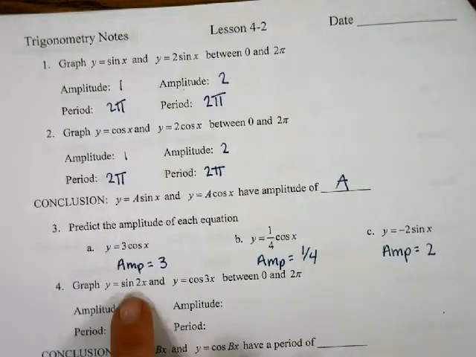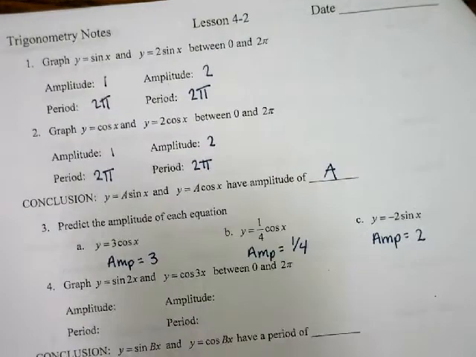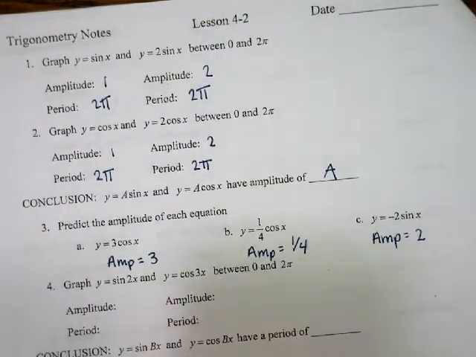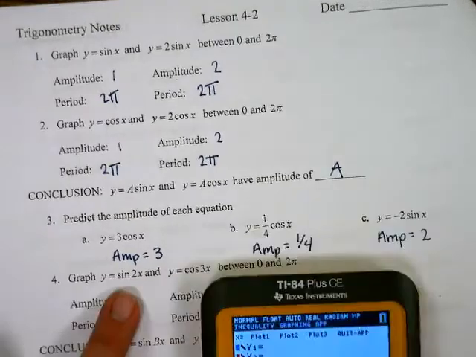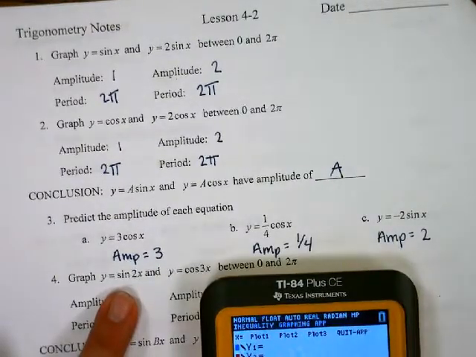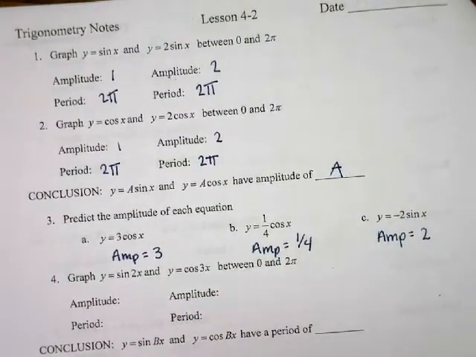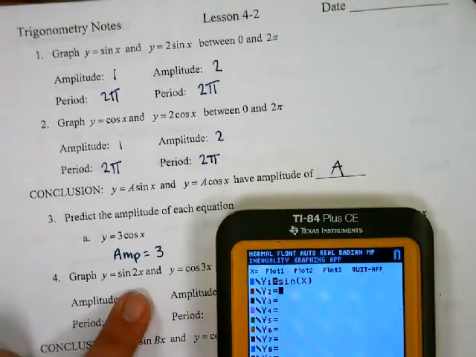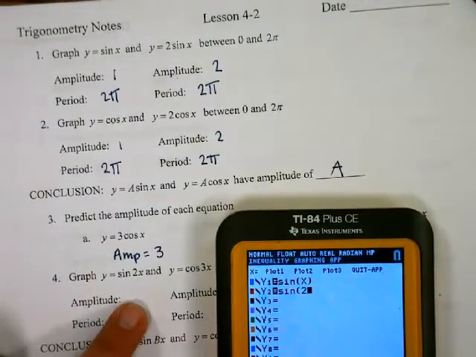Okay, well, what if they move, see where the 2 is now in front of the x? Let's watch what happens. I'm going to do the first one as the sine of x, and then this guy I'll do as the sine of 2x so we can see the difference.